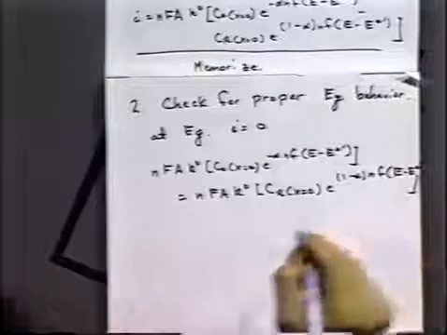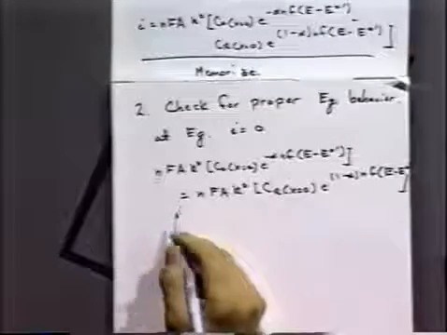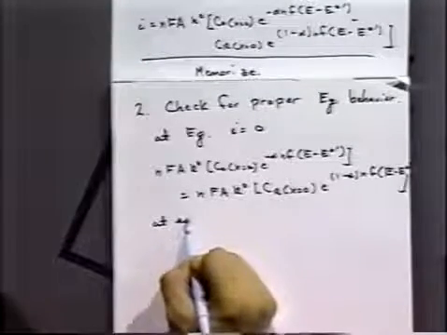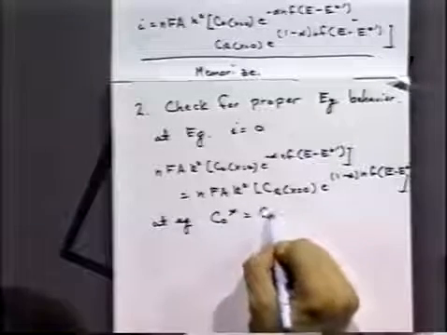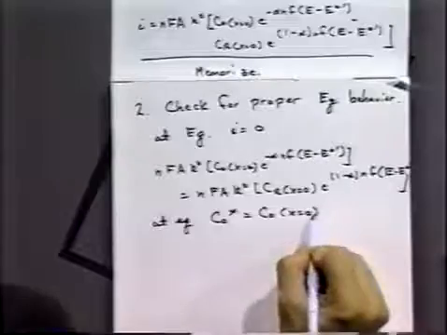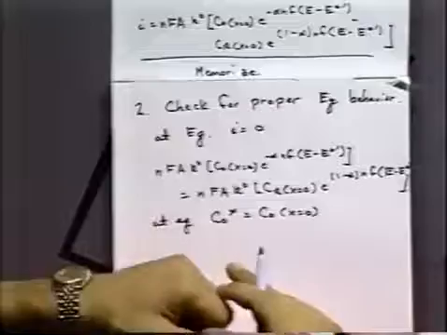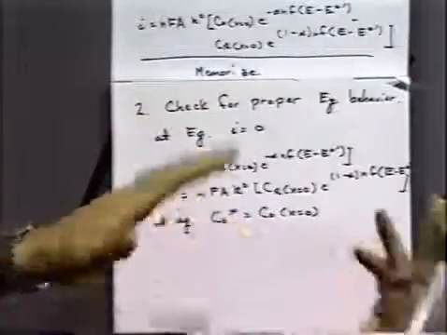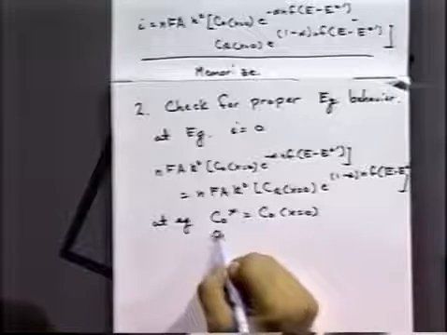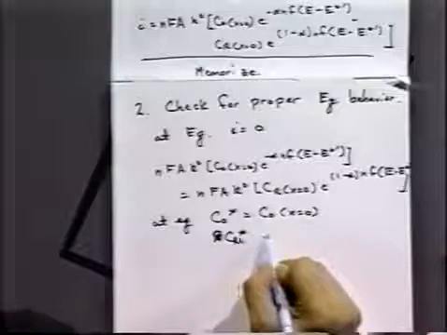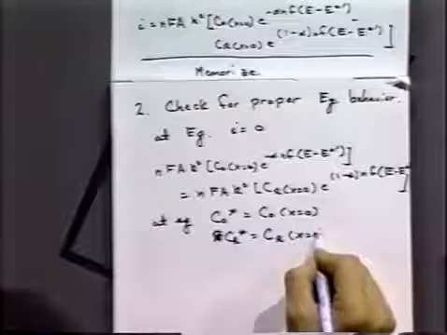Okay. And then we can also make the statement that at equilibrium, CO star is equal to CO x equals 0. What is that? Well, at equilibrium, if the concentration of the bulk isn't the same as the concentration at the interface, we wouldn't have equilibrium. So we have to have the bulk and the interfacial concentrations the same, otherwise it won't work. And the same thing can be stated for the reduced species concentration as well.